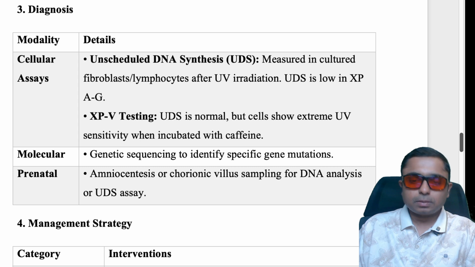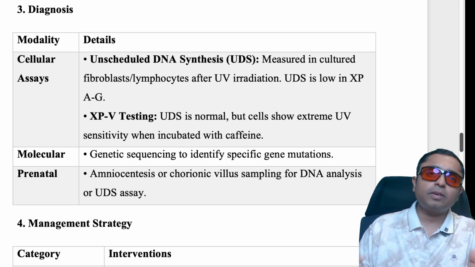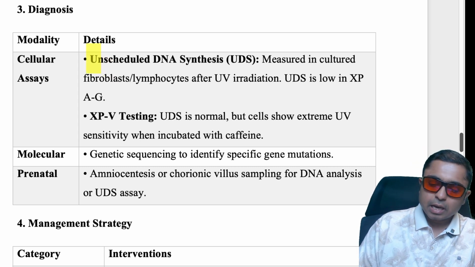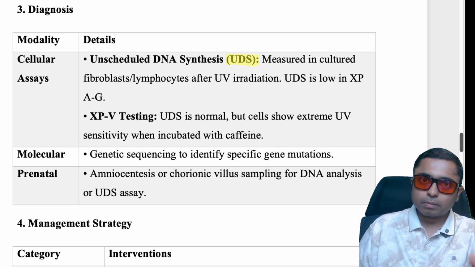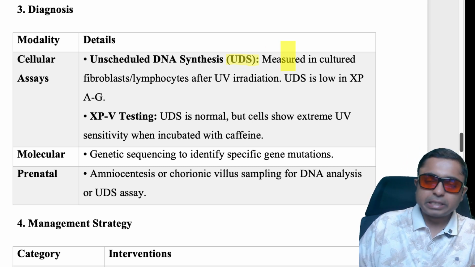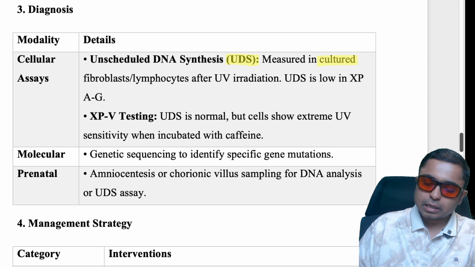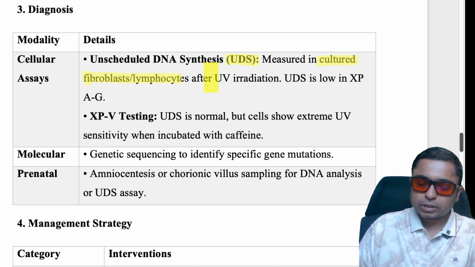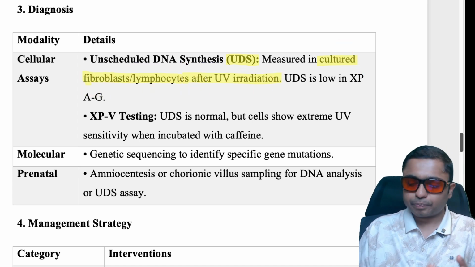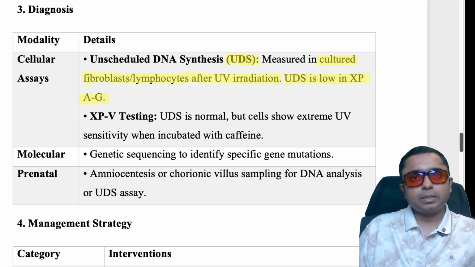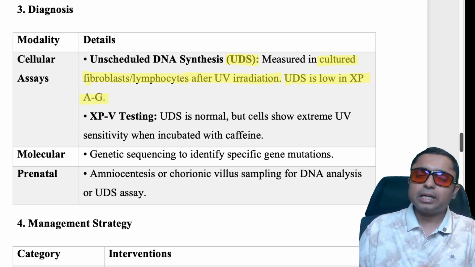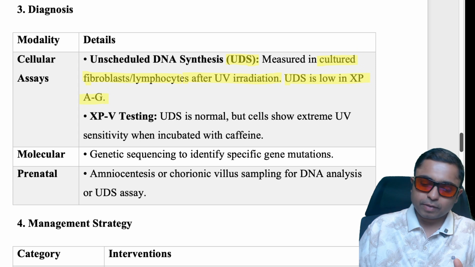Coming to the diagnosis part, mostly it is a clinical diagnosis, but for confirmatory purposes, UDS, that is unscheduled DNA synthesis, can be used. Basically, this measures in cultures of fibroblasts and lymphocytes after UV radiation. So UDS is going to be very low in the XP A to G variants, and it's going to be normal in the XPV variant.